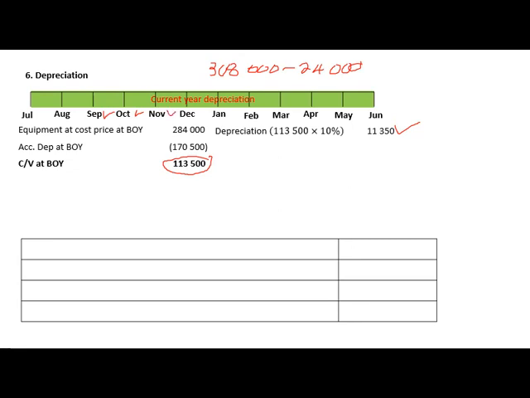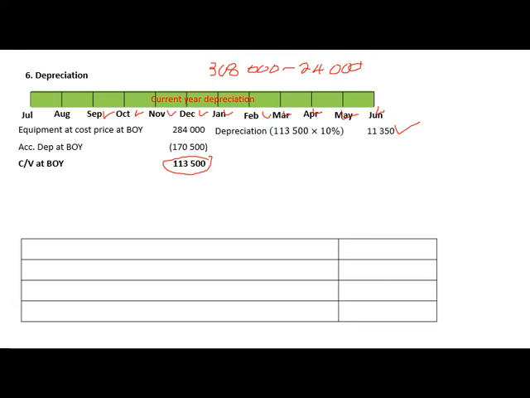And November, December, January, February, March, April, May, June. How many months will that be? It's 10 months.